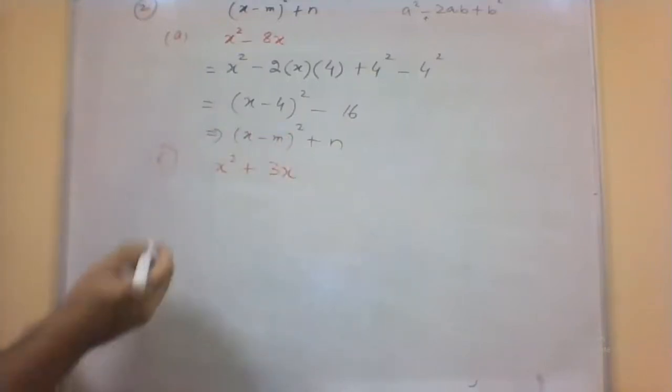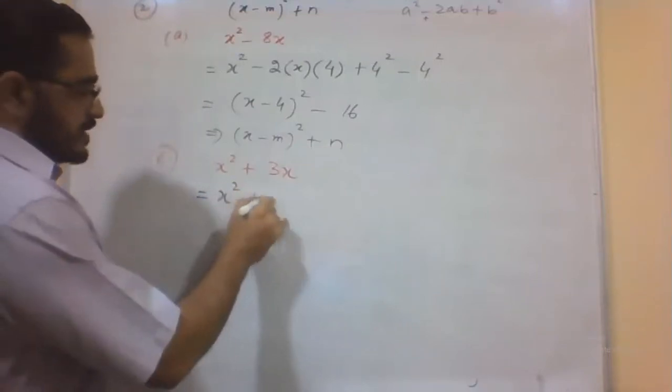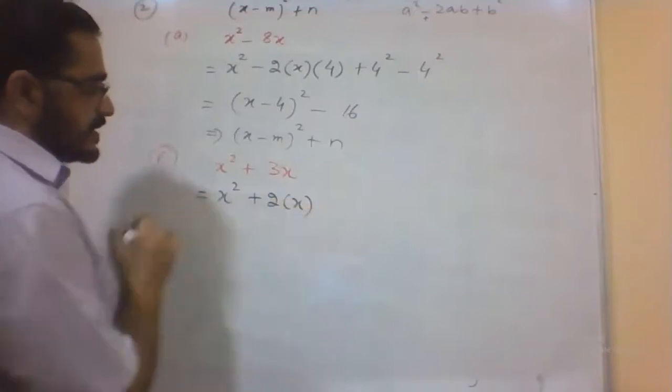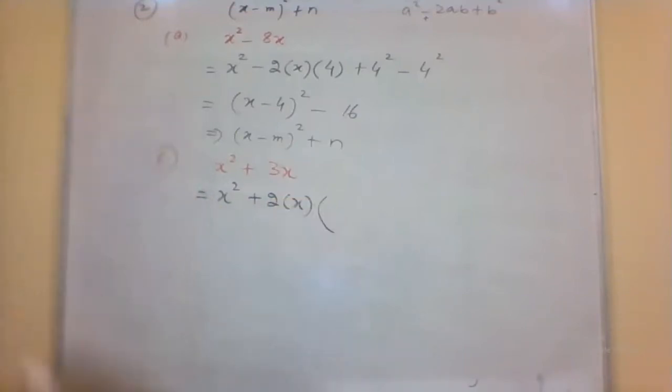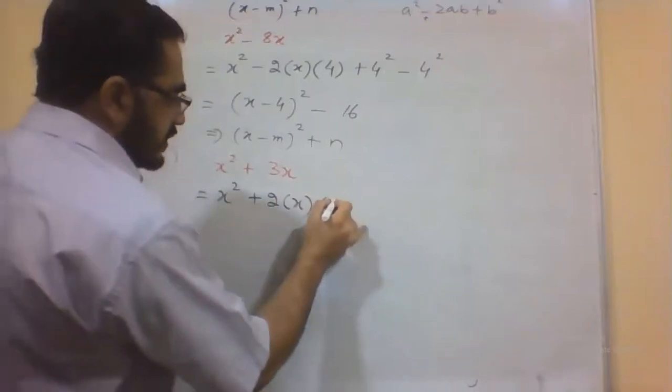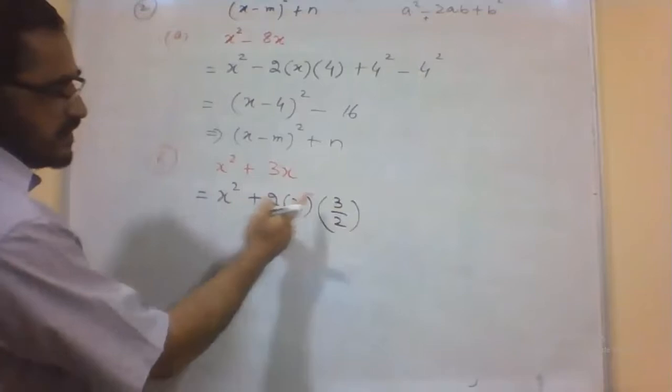How we can make a perfect square here? A square plus 2 into a, already x is here. B, what we will take? As here in the question is 3x, to make 3x we will write here 3 by 2. You can see 2 cancels by 2, 3x.